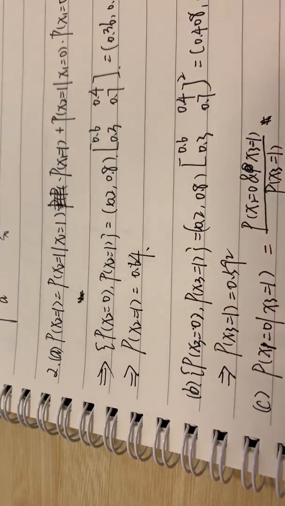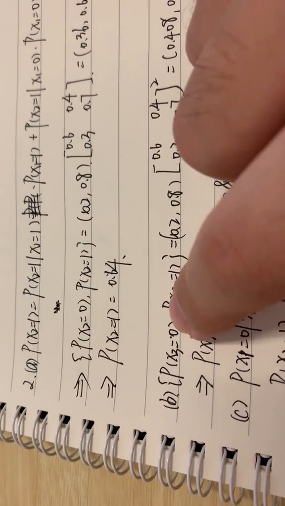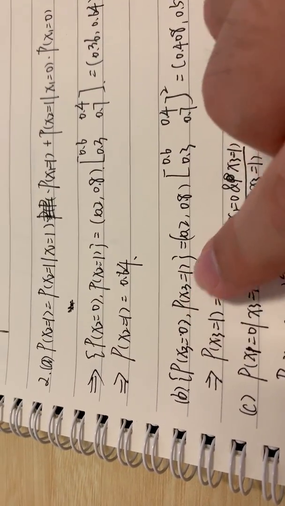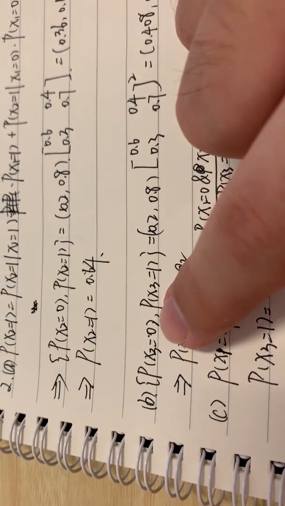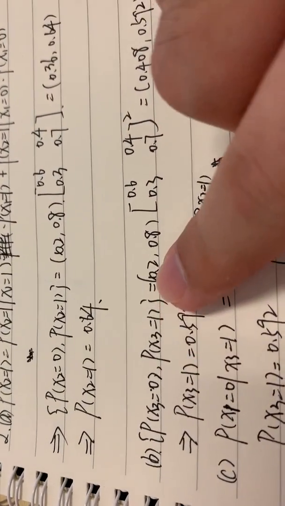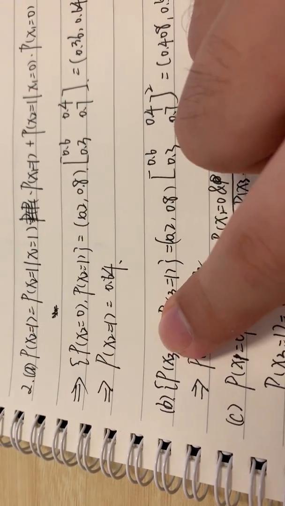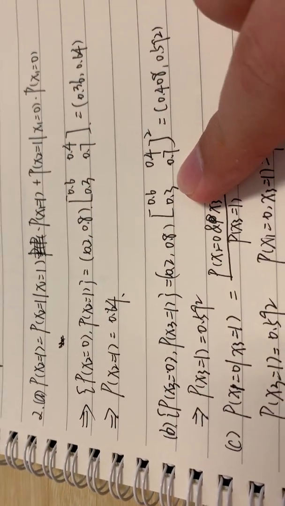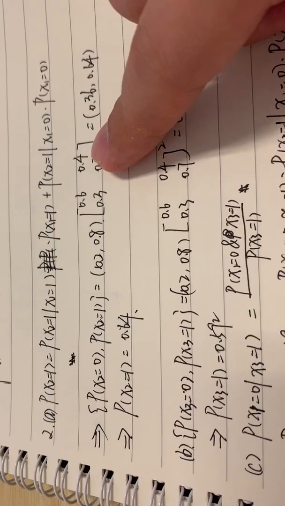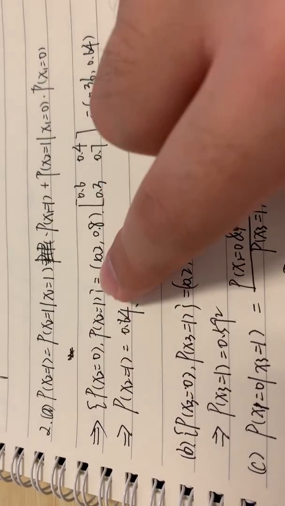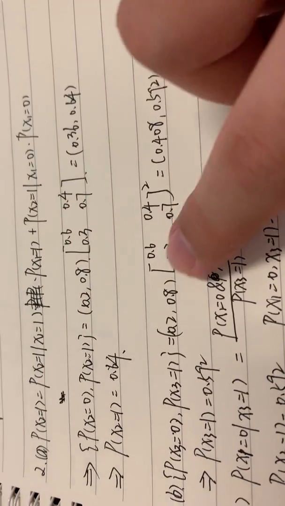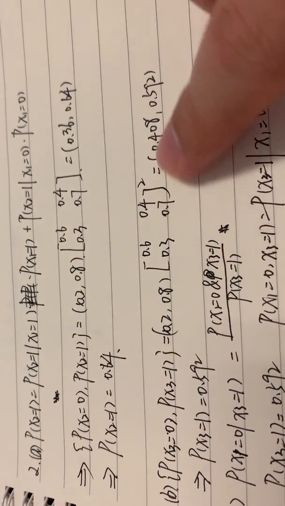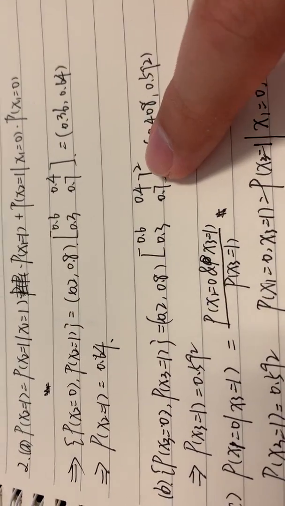After the second noisy channel, we have x3, and P(x3 equals 1), P(x3 equals 0). However, after the first noisy channel we have x2, so we can just write the matrix down and it multiplies with it again.